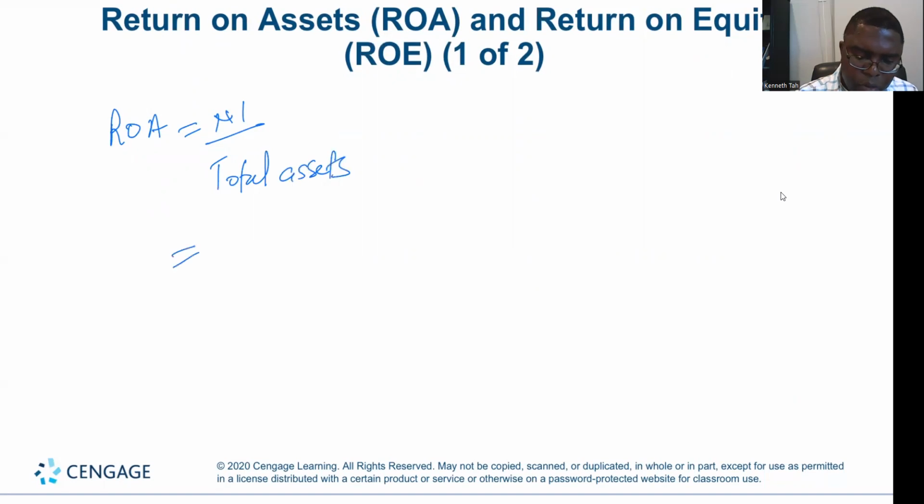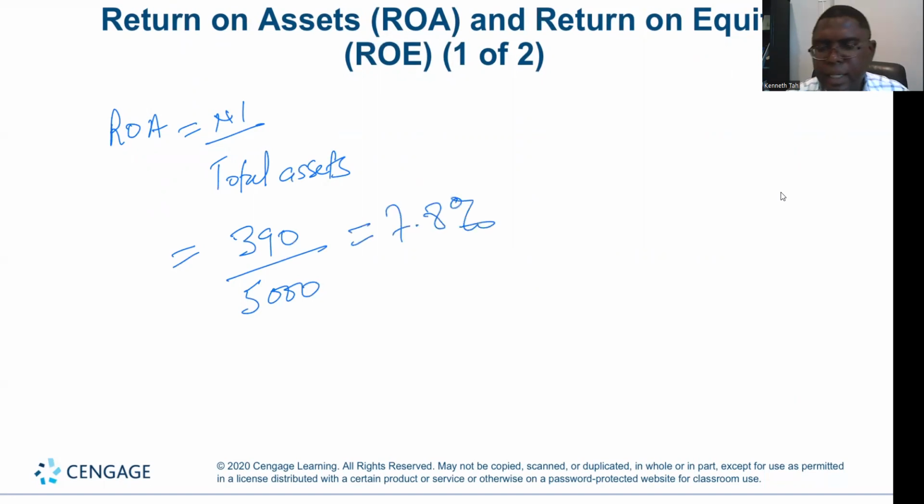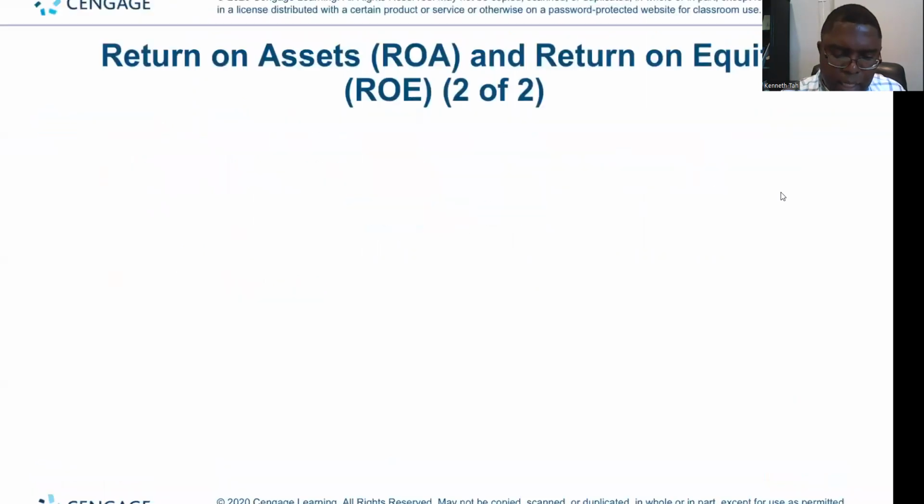So if we go to the income statement, net income is 390. We go to the balance sheet, we'll be able to see total assets, which is 5,000. And if we take 390 divided by 5,000, that gives us 7.8%. So that is return on asset.